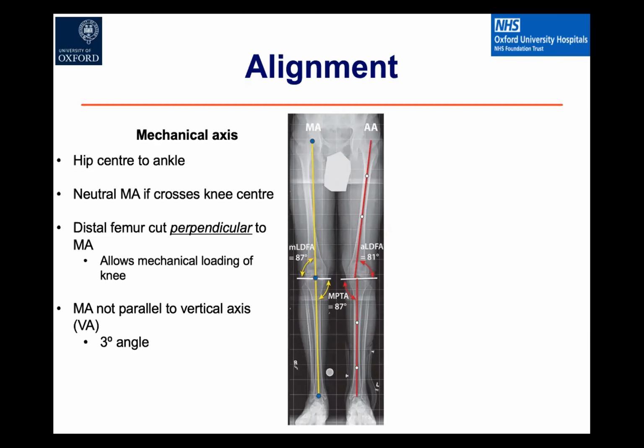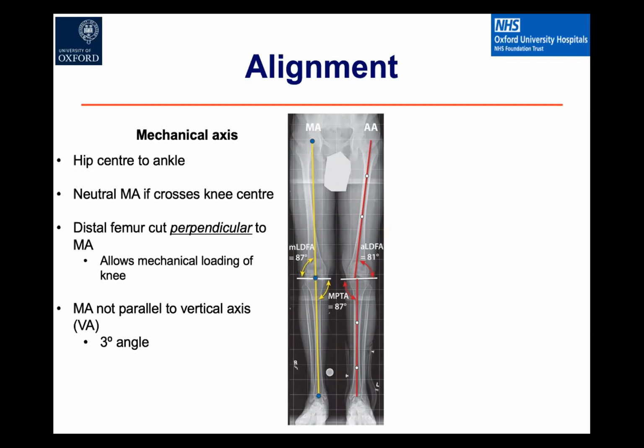And this is important because your distal femoral cut during knee replacement is perpendicular to your mechanical axis, for biomechanical reasons, to allow sound loading of the knee. The mechanical axis, however, is not parallel to the vertical axis. It's about 3 degrees off it.